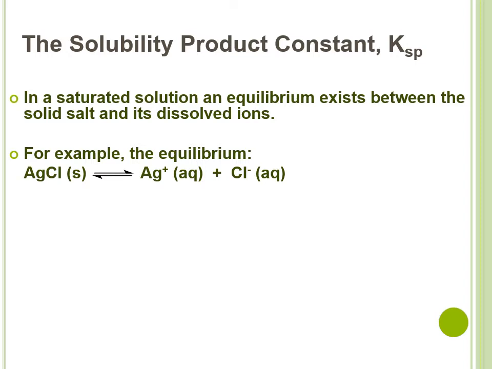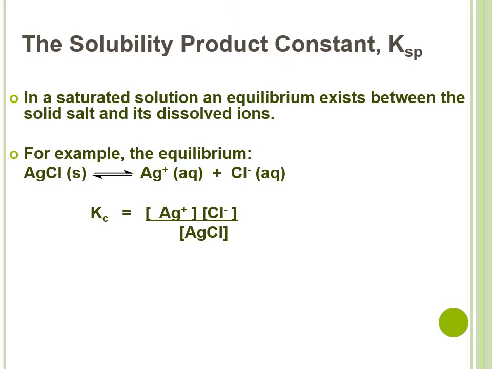It is very critical. What is the Kc for this equation? Kc equals the concentration of Ag+ multiplied by the concentration of Cl- divided by the concentration of AgCl.